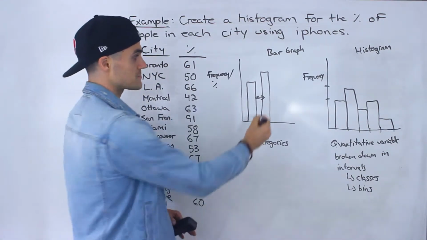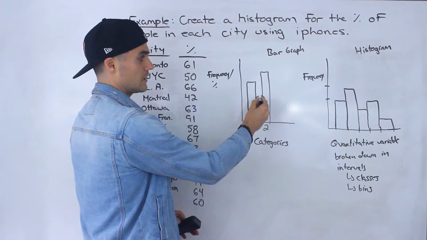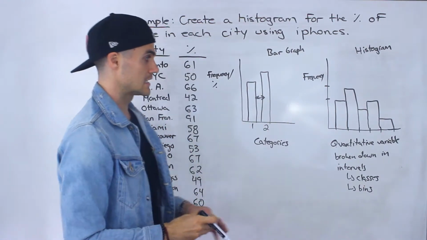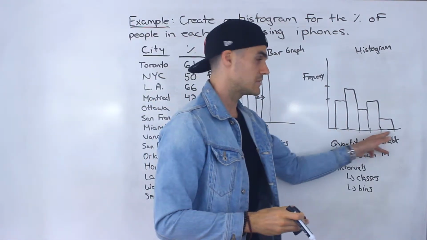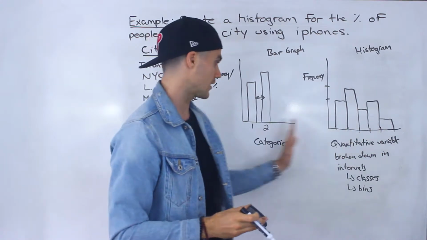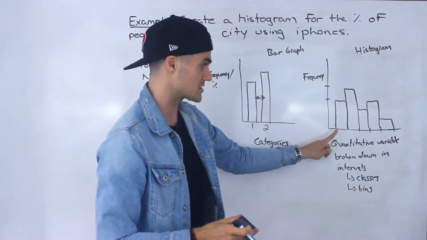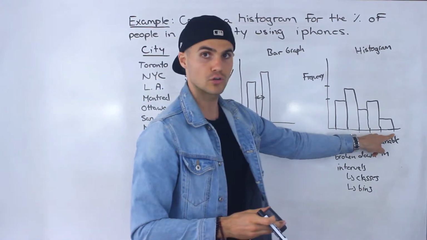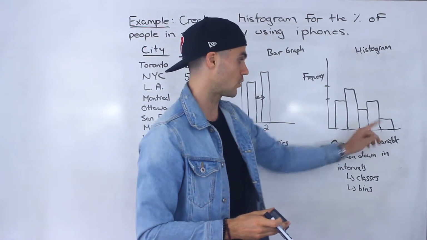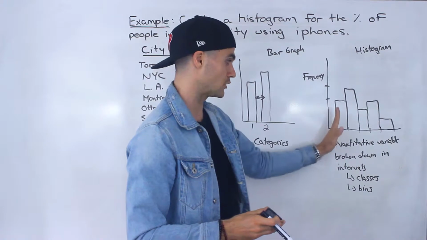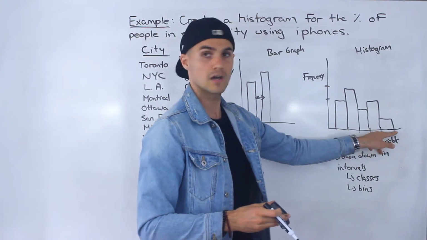Notice that there's no space in between the bars, because this is a continuous scale. It's not categories or words, it's actual numbers, from the smallest value to the largest value, or from the lower bound to the upper bound.